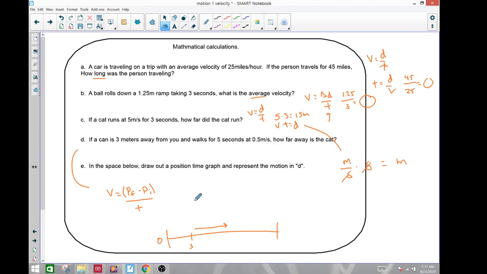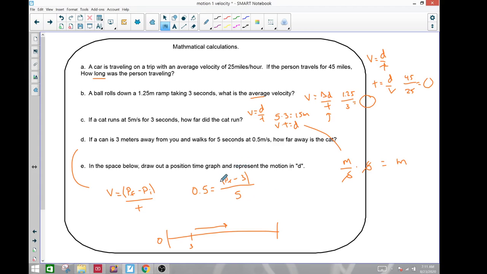So in this case, your velocity is 0.5 and position final is the unknown value, PF, minus 3, and then time is going to be 5 seconds. All right, and you can do the math on that as well.